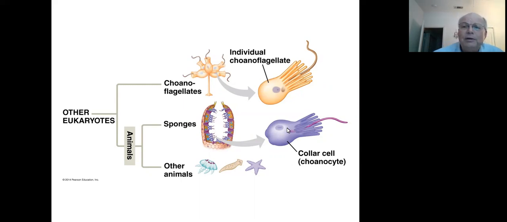Quite remarkably, there are a group of cells known as choanocytes or collar cells that line the open space inside a sponge called the spongiocele. And the activity of these cells creates the water currents that are drawn through a group of cells called porocytes that penetrate through the body of the sponge from the outside of the sponge into the spongiocele.